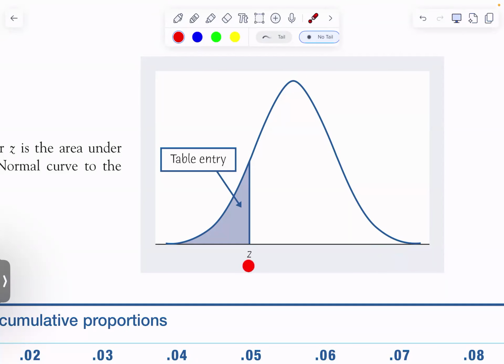What it has on the x-axis is a z-score, which means we need to know how to find these z-scores. These z-scores are standardized scores. And so we need to be able to find a z, right? And then we'll be able to give the table a z, and it'll tell us what?